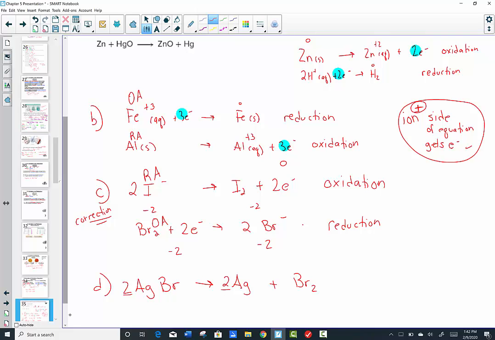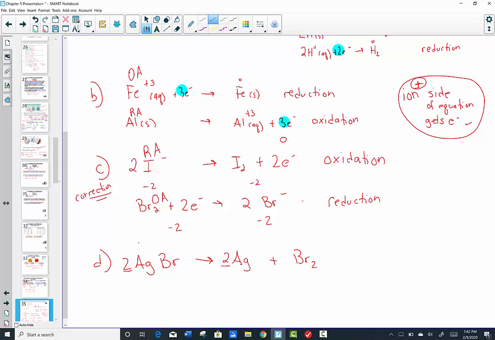Now, break these apart and keep in mind that silver bromide is an ionic compound built of charges. So to break this into its 2-half reaction, ionic compounds, remember these are charged ions. You have 2 silver plus 1 aqueous ions forming 2 Ag. Now this would require gaining 2 electrons, so there's your reduction half reaction.